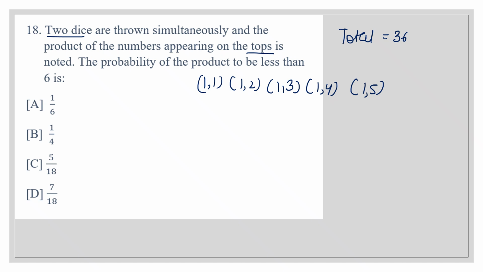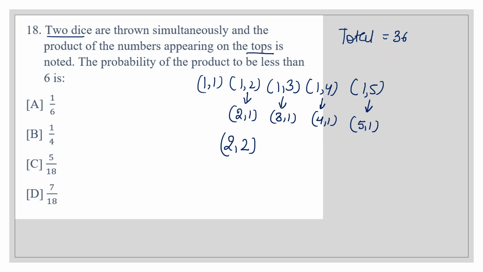Since it is written less than 6, so we cannot use 1 and 6. Opposite 2, 1 will work, 3, 1 will also work, 4, 1 will work, 5, 1 will work, and 2, 2 in 2's line 2, 2 will work.